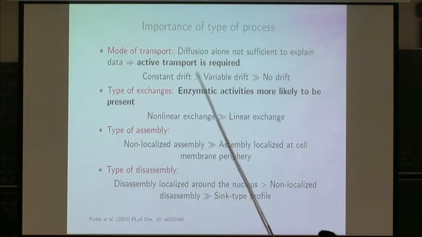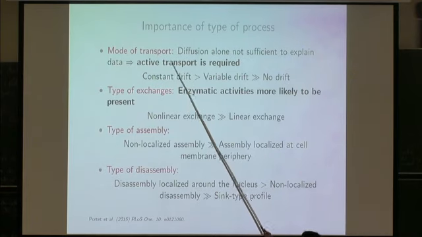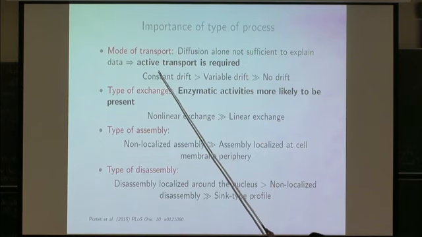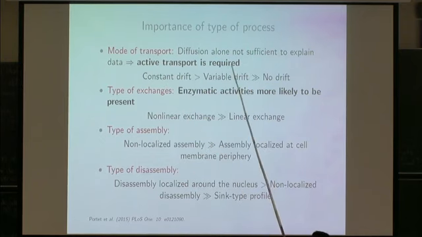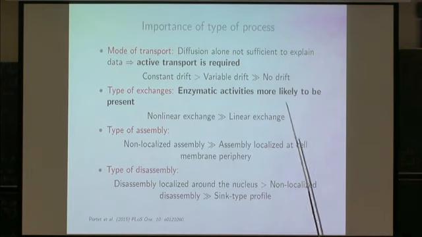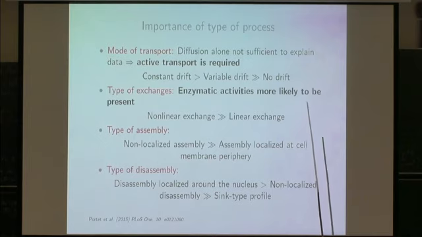So when I'm comparing all my scenarios for the mode of transport, what is emerging is that active transport is required. What is also good here is when I compare the models, I put all my models with a linear turnover and all my models with a non-linear turnover, and I sum the probability of each.